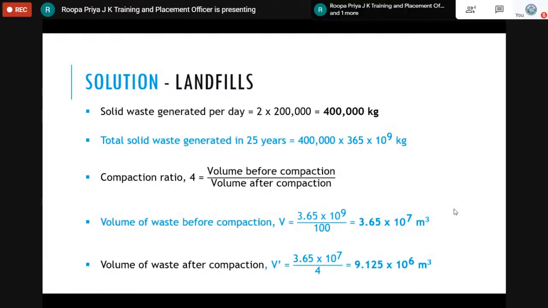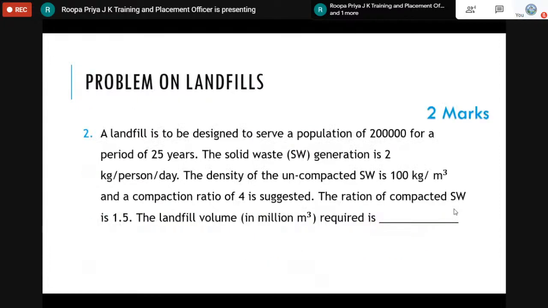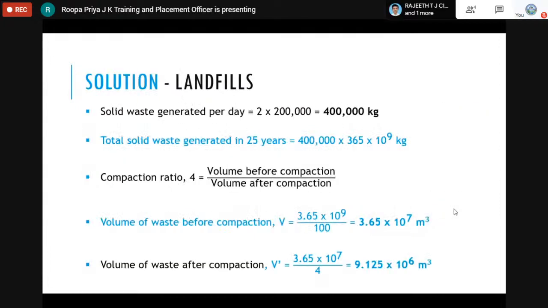So the compaction ratio given is 4 according to the problem. The compaction ratio is calculated by volume before compaction divided by volume after compaction. Now, to calculate volume of waste before compaction, we can use the value which is computed here. It is 3.65 into 10 to the power of 9 divided by 100, which gives you 3.65 into 10 to the power of 7 meter cube. So this will be the volume of waste before compaction.